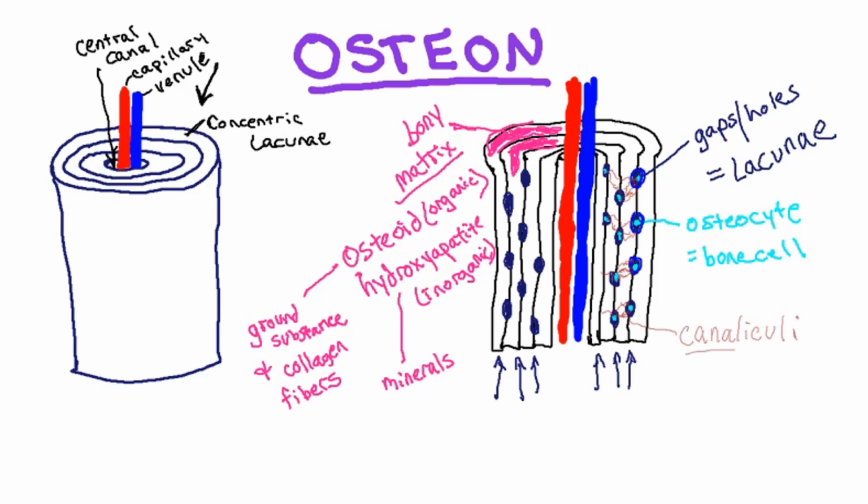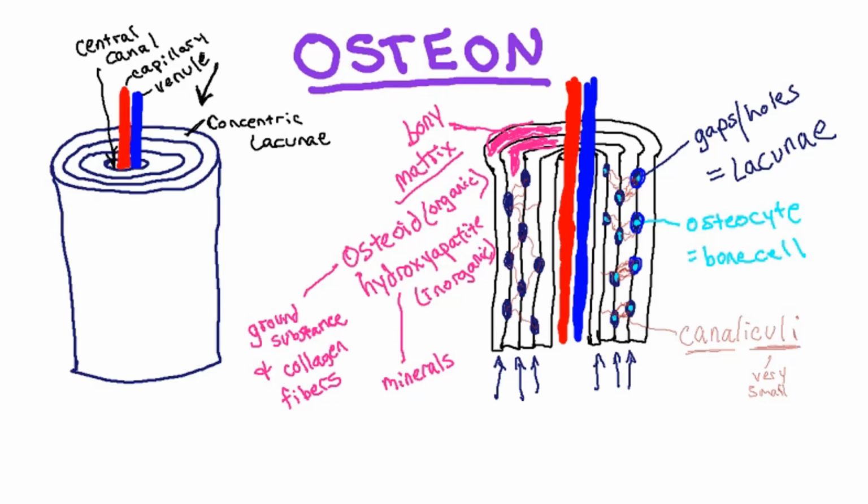So canal, it has the word canal in it because they're canals that connect the cells to each other through the layers of lamellae. And iculi, I just consider that a suffix term to say very small. So very small canals. They connect between each osteocyte in the lacuna.